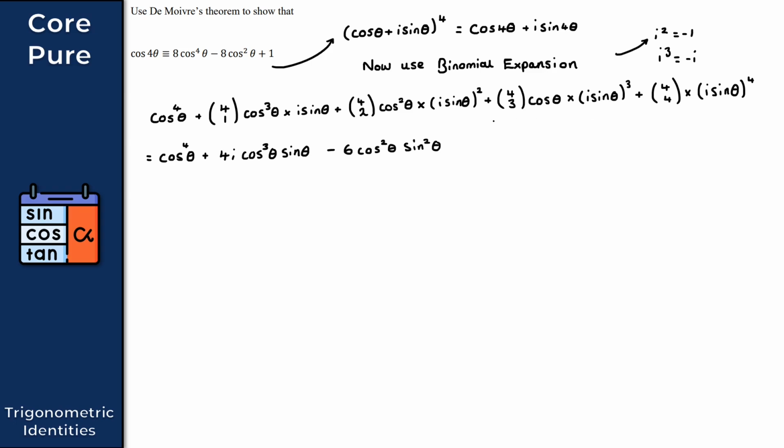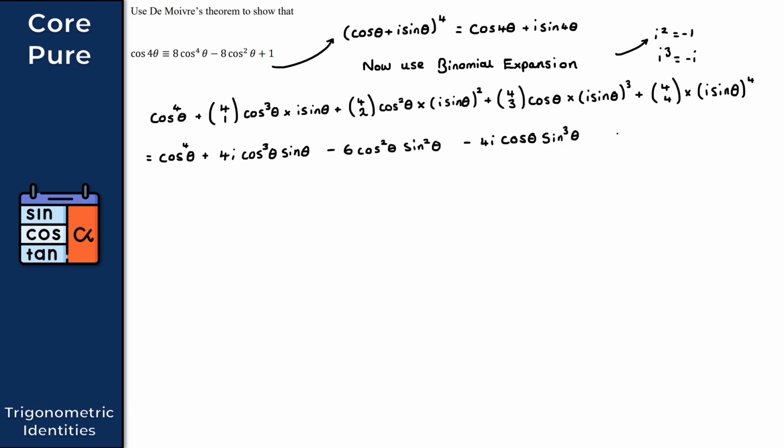So once we simplify this multiplication, what we get is -4i. So -4i, we times that by cos theta, and then we times that by sine cubed theta here. Like so.